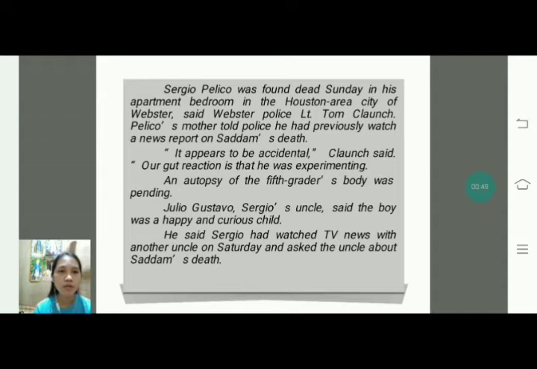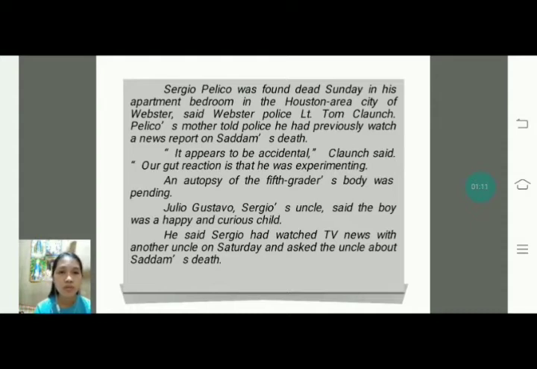Pilico's mother told police he had previously watched a news report on Saddam's death. It appears to be accidental, Clunch said. Our gut reaction is that he was experimenting. An autopsy of the fifth grader's body was pending.